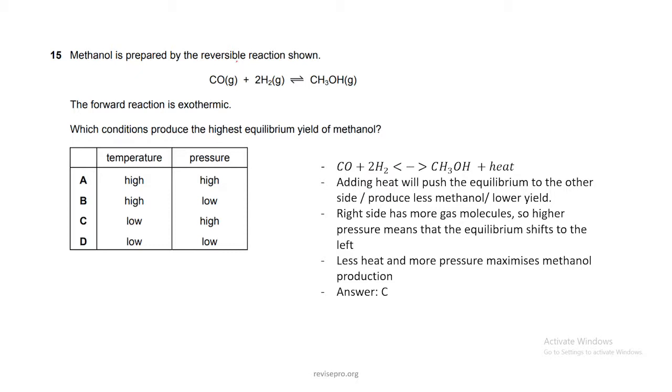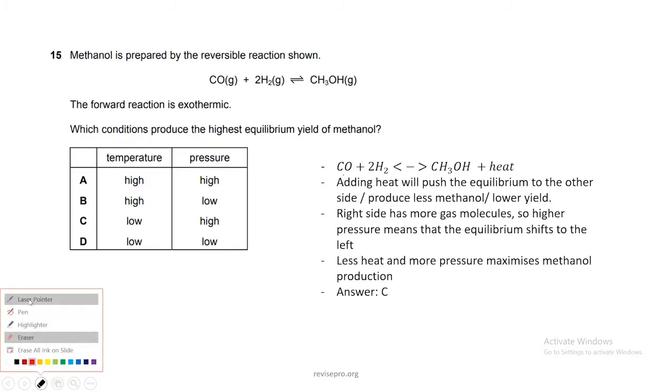Methanol is prepared in the reversible reaction shown. The forward reaction is exothermic. Which conditions produce the highest equilibrium yield of methanol? Alright. The forward reaction is exothermic. It means that as a product, heat is released. So you can represent it like this, as if heat was released.